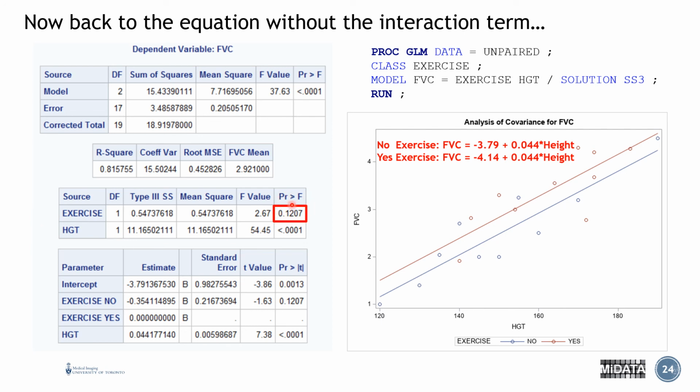If you flip back a few slides and you look at our t-test, you'll see that it was significant, but it is no longer significant.